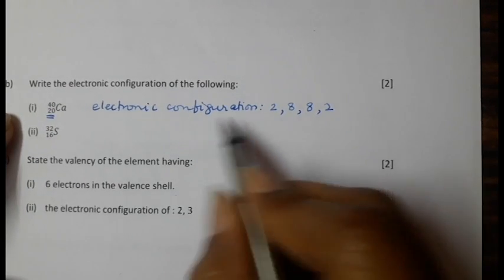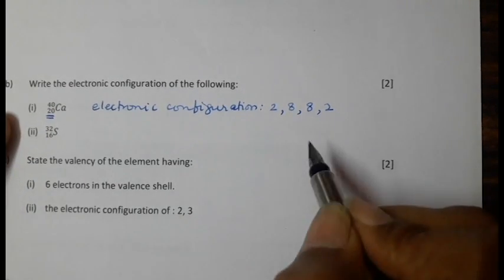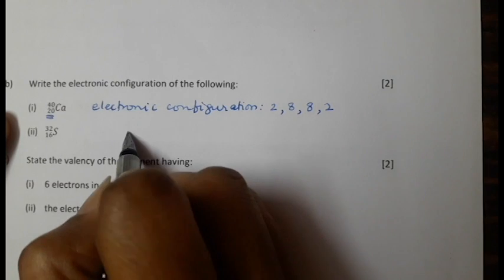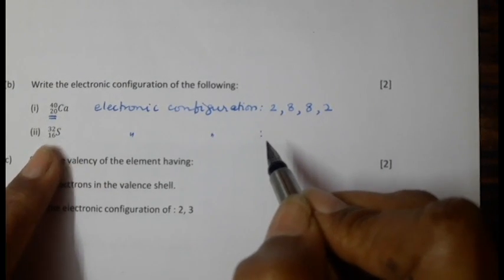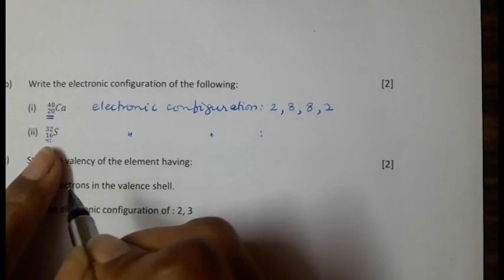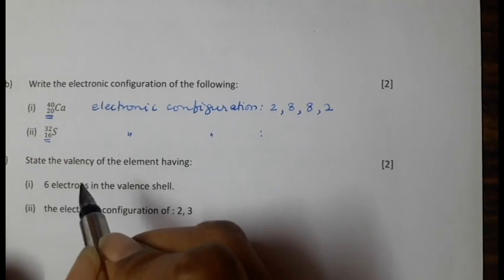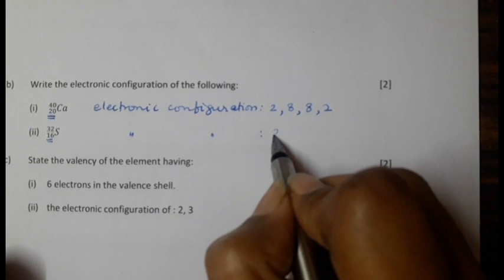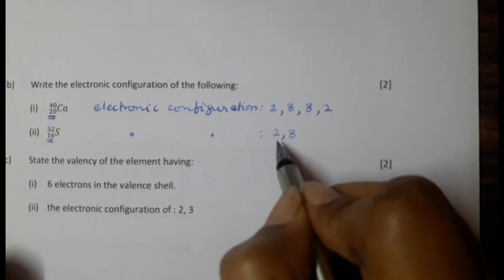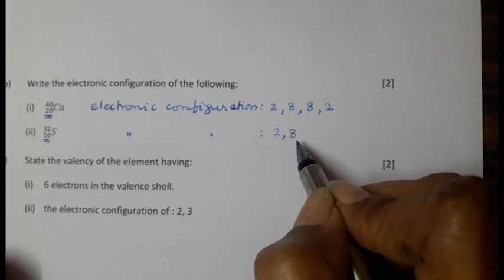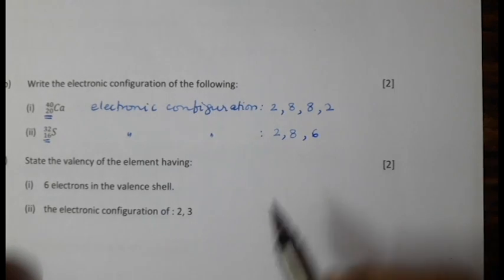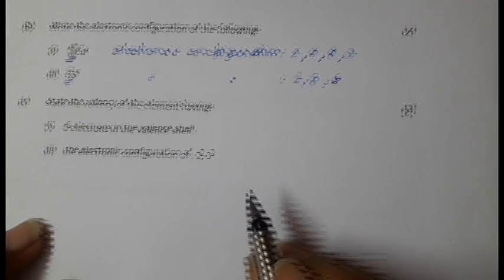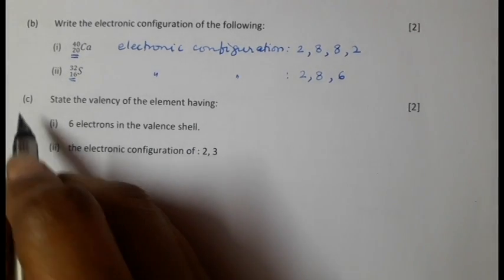So we'll have electronic configuration 2, 8, 8, 2. For sulfur, electronic configuration again, we'll have 16 as the number of protons because it's the atomic number, and so it will be 2, 8. First shell will have maximum 2, second shell maximum will have 8, and then we will have 6 remaining, total will be 16.